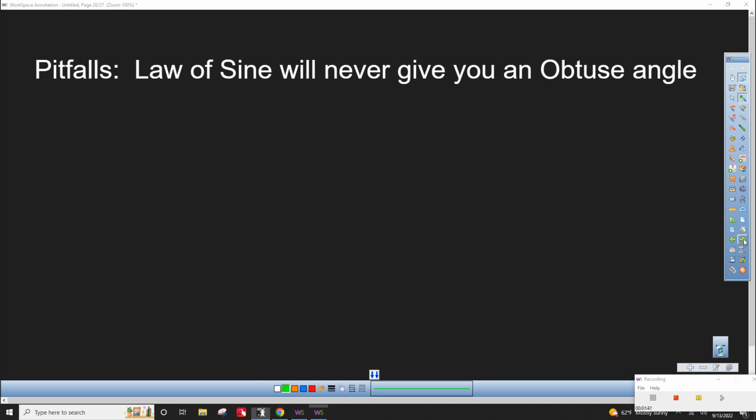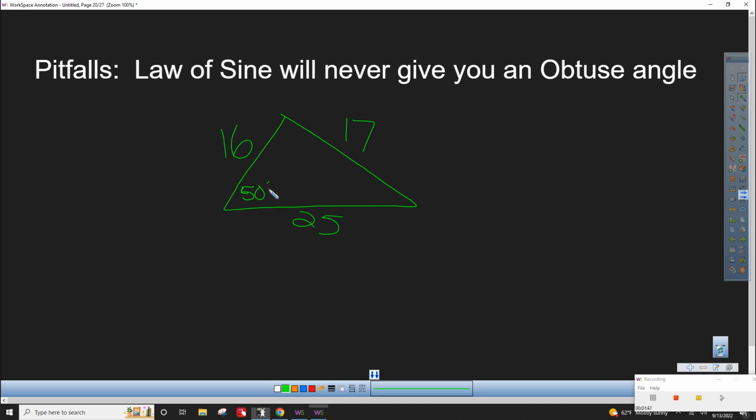Okay? Now, be careful. The law of sines will never give you an obtuse angle. So if you had something like this, where it was like 25, 16, 17, and you were given that this was, I don't know, how about 50 degrees?